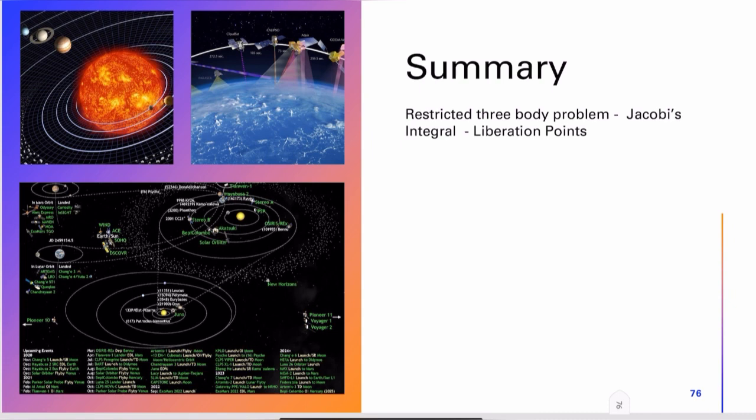We see that L1, L2 and L3 are unstable points. L3 is completely unstable, and no objects can be placed there, whereas L1 and L2 are marginally stable. If there is no atmospheric drag or external force, and no drifting of the satellite, then those points are stable. But we have to compensate for the drift.